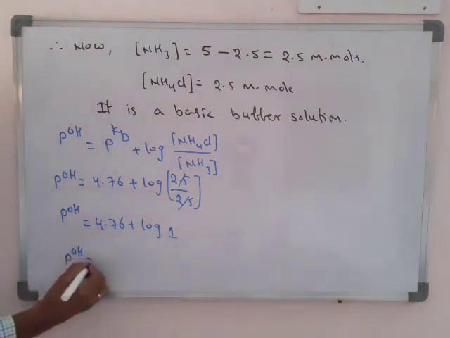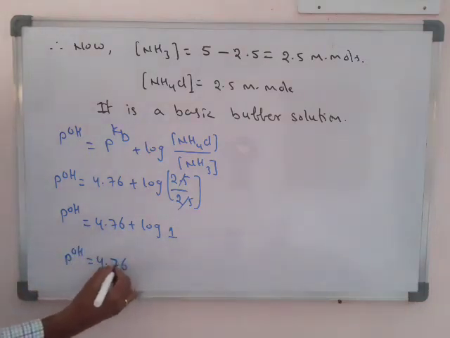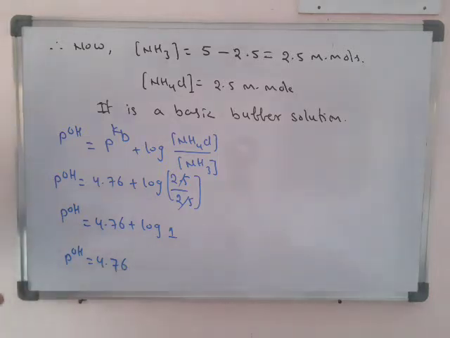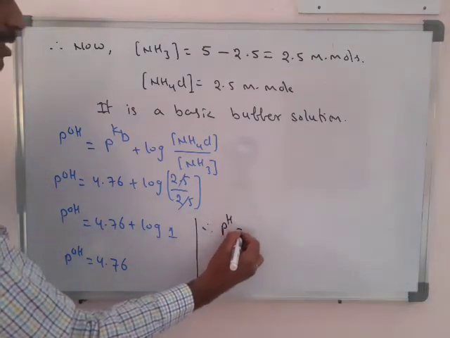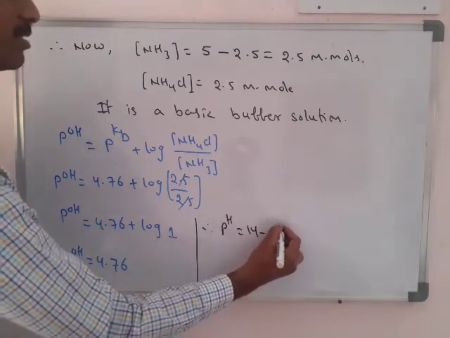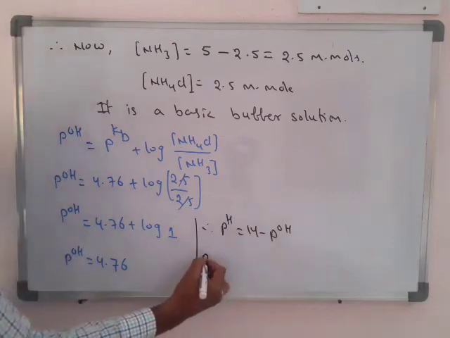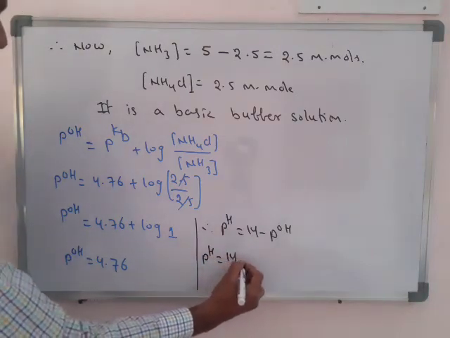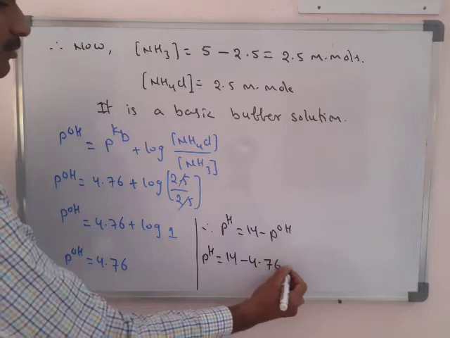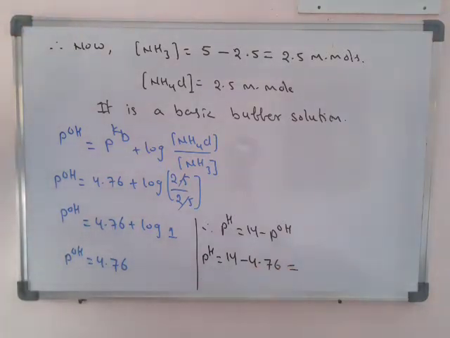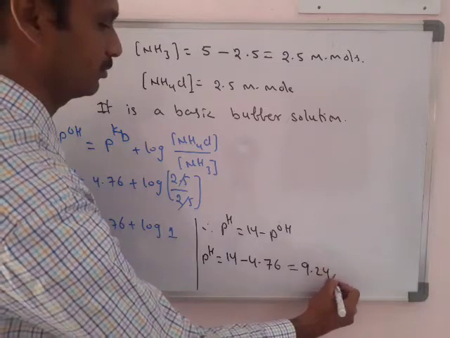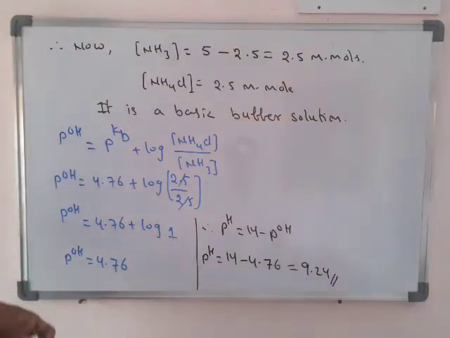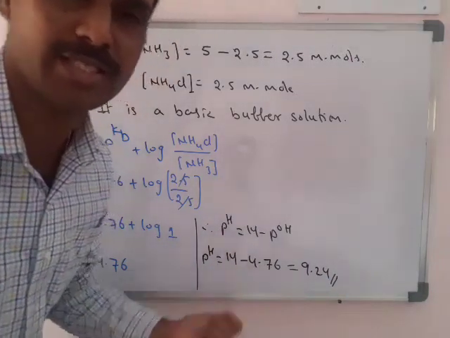Therefore pOH is equal to 4.76. Actually we need the answer for pH. Therefore pH is equal to 14 minus pOH. So it becomes 9.24. This is the pH of the final basic buffer solution.